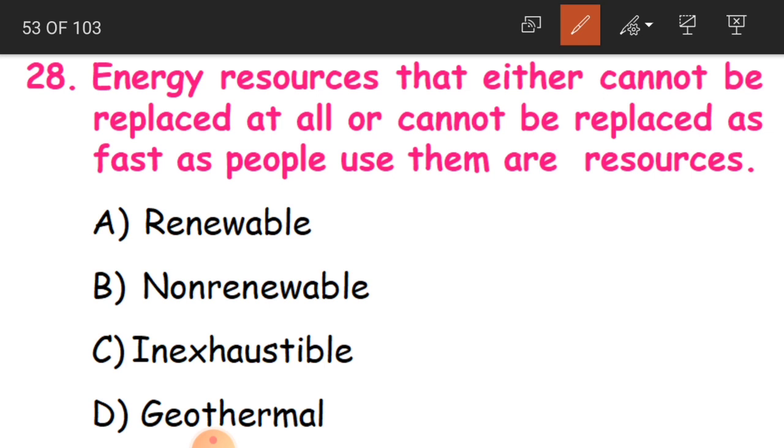Energy resources that either cannot be replaced, we cannot use it more than one time, or we cannot replace them. Why? Because the people are using it so extremely that they are becoming limited. Okay children, so what are they?